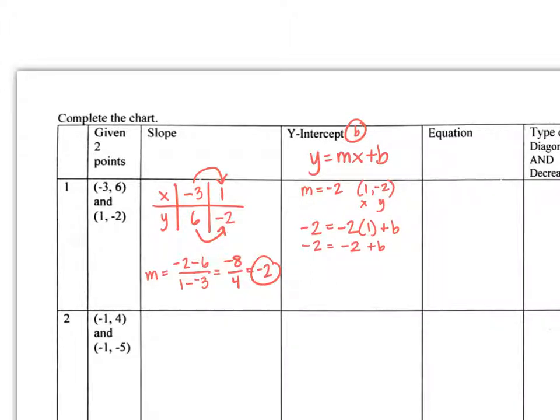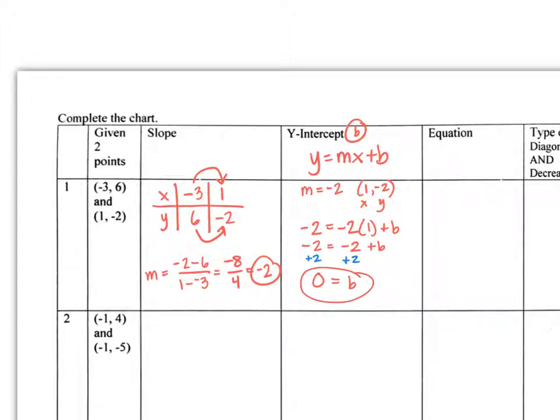Then I'm going to pretty much ask, if I do -2 plus something, what do I have to add so that it's equal to -2? And the answer is 0, because I would add 2 to both sides here. I would add 2 to find out what it is I am adding with that b, and I end up with b equals 0.